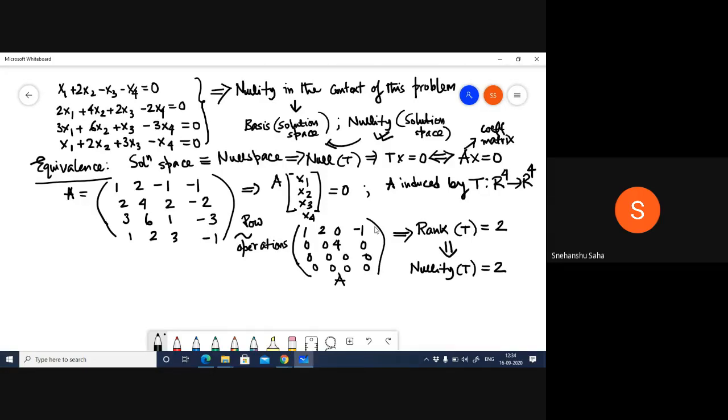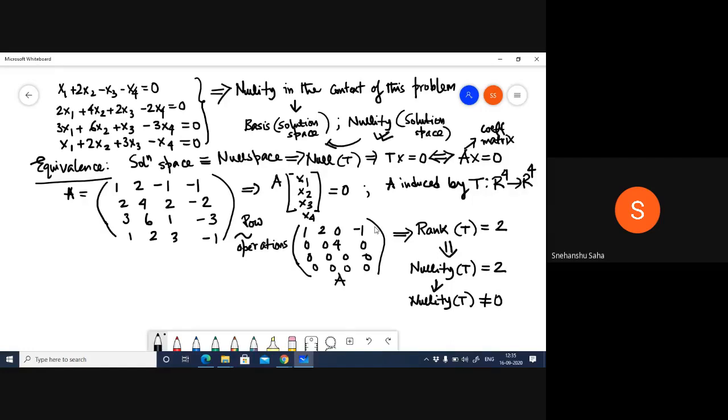And I can easily find out the vectors which are also in the null space, right? This is nothing but this times x1, x2, x3, x4, right? I really do not need to actually find the vectors, though. But if you want the basis of the solution space, you need to cook up the vectors. But nullity is 2, meaning that what is more important to observe here is that the nullity of T is not 0.